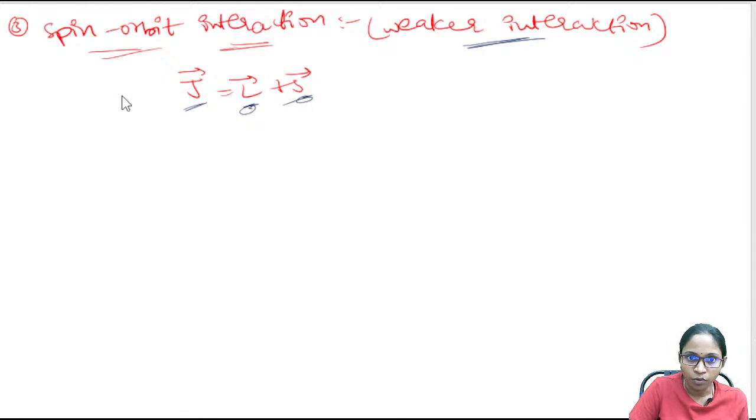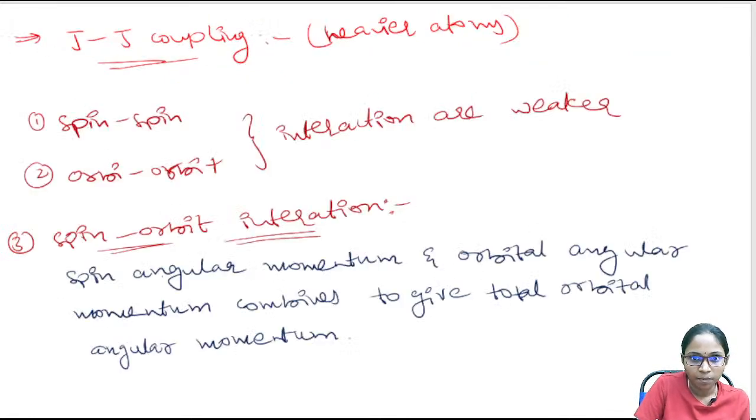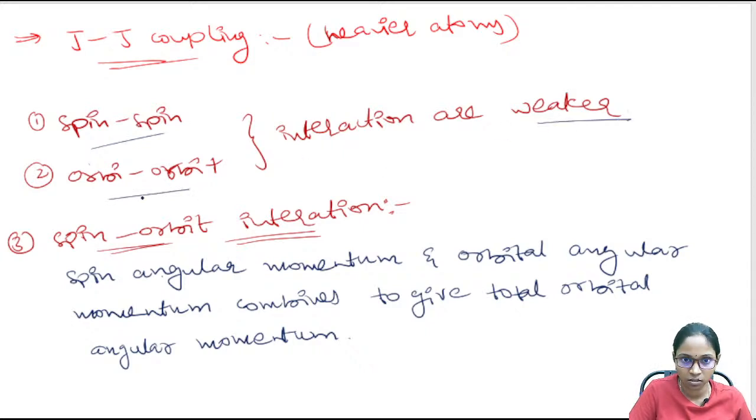So there is no need to find the configuration for spin orbit interaction, and we will go for JJ coupling. In JJ coupling, we will find the spin orbit interaction. As the spin interaction and orbit interactions are weaker, we are neglecting these types of interaction in JJ coupling, and we will go for spin orbit interaction.